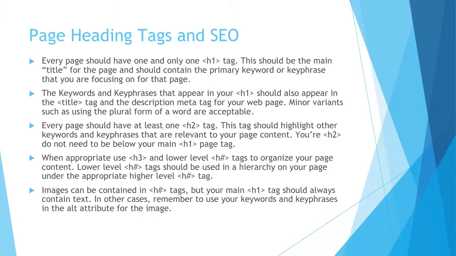If you have an H3 on your page, there should be a relationship to the H2 that comes underneath it, as far as the keywords and key phrases that you're highlighting. If there's not a relationship between the H3 and the H2, well, that's an indication that that's not really a third level heading. That's a different heading altogether, so it should probably be an H2.